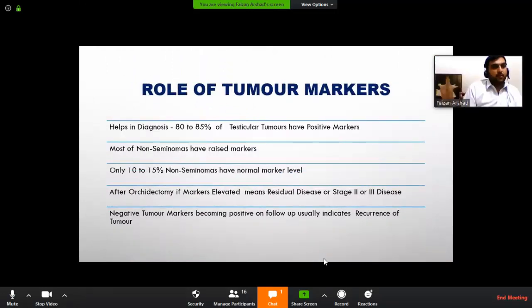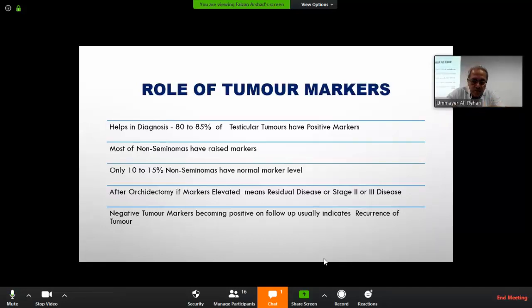There is a role of the tumor markers we have already discussed, sir, and it helps in the diagnosis. Most of the non-seminomas have raised markers, and only 10 to 15% of non-seminomas have normal tumor markers. After orchiectomy, if the markers are elevated, it means residual disease or stage 2 or 3 disease. I just want to stop you here.